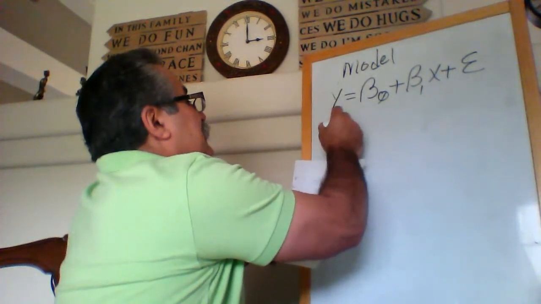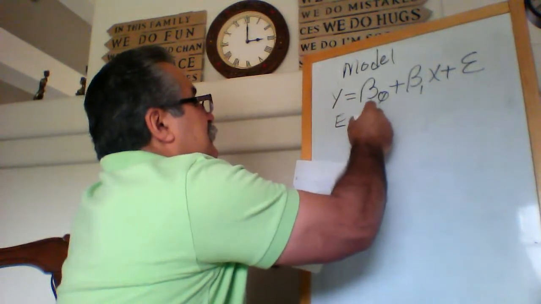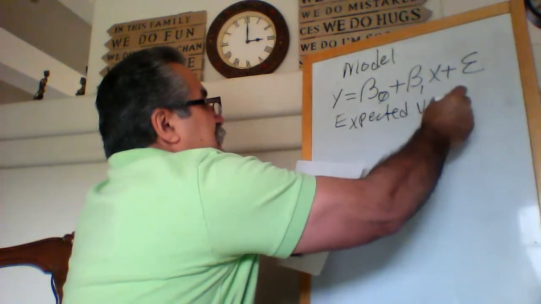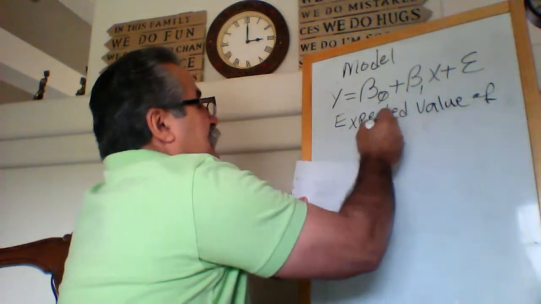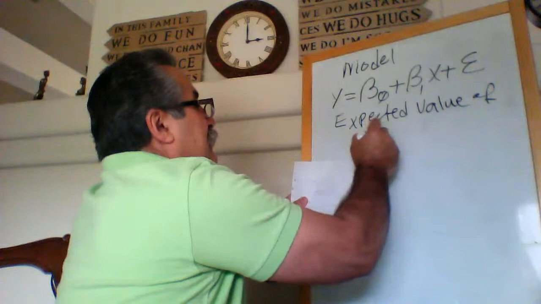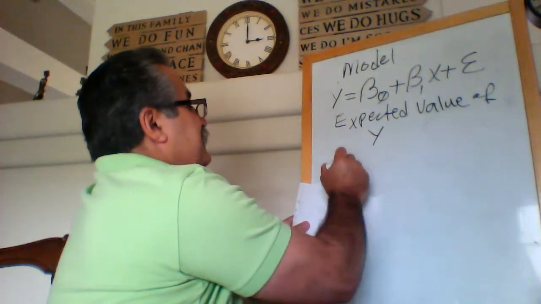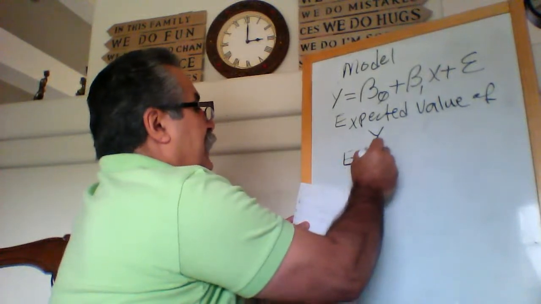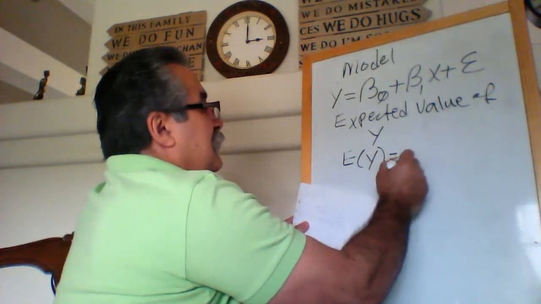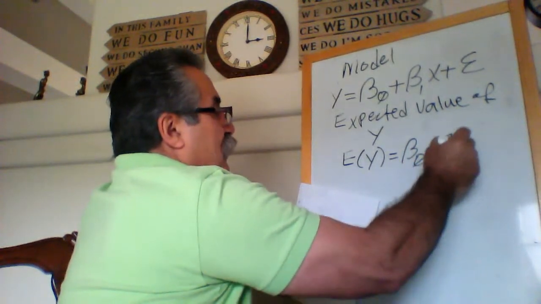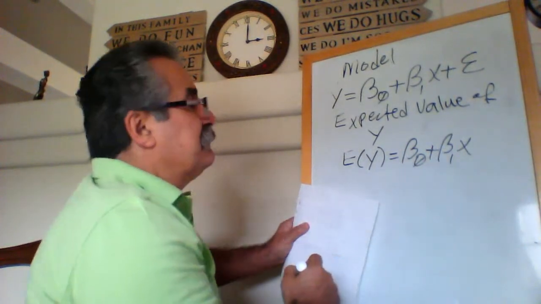The second formula is called the expected value of y formula, which is E of y equals beta sub 0 plus beta 1 times x.